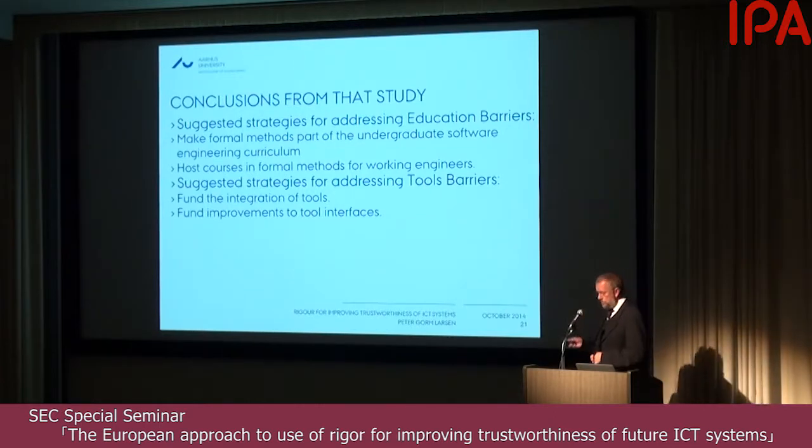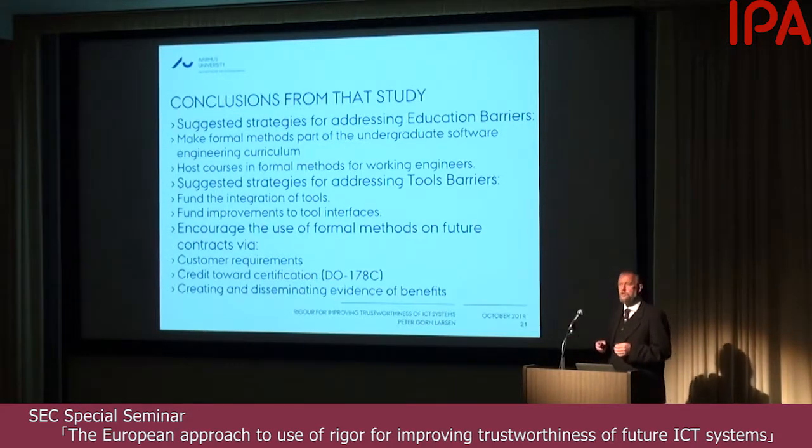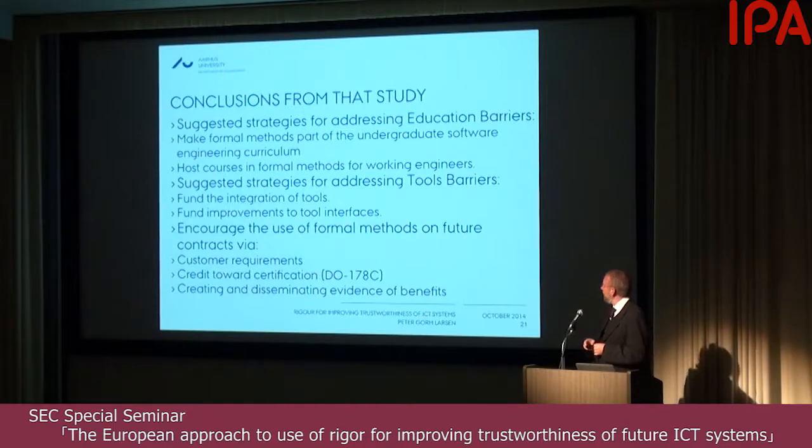With respect to the tools barriers, the suggested strategies are to try to provide some governmental funding for integration of tools and to fund improvements to tool interfaces. They also suggest that they would like to see an encouragement of use of formal methods in new contracts.